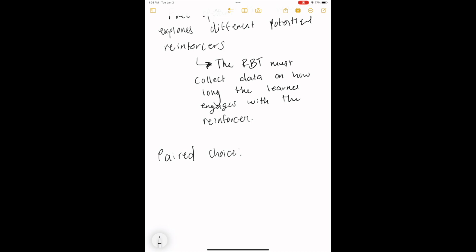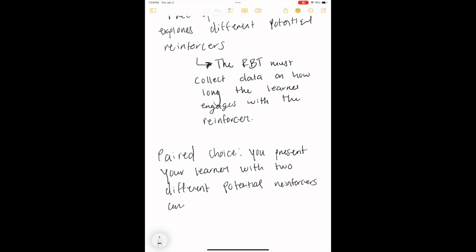And paired choice is when you present your learner with two different potential reinforcers, and tell them to pick one.